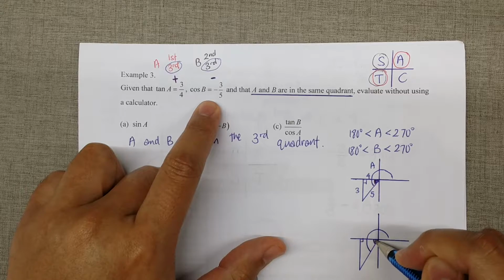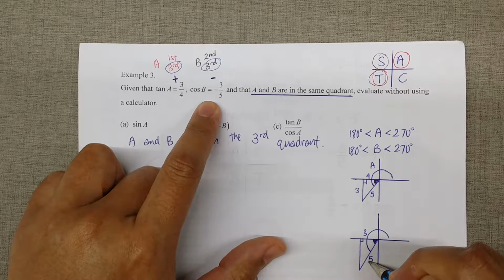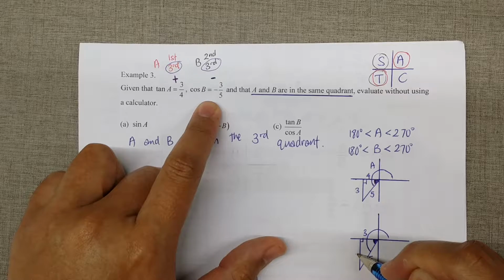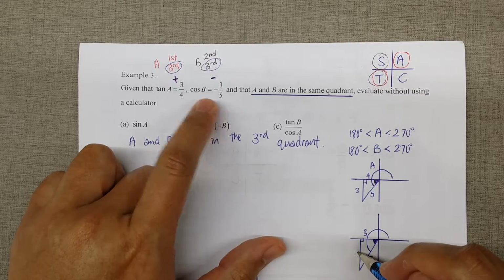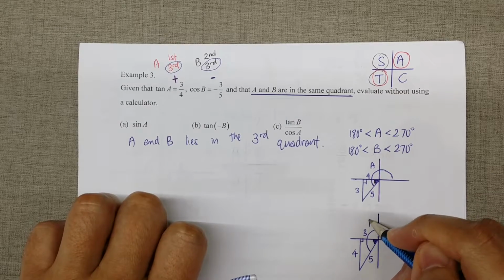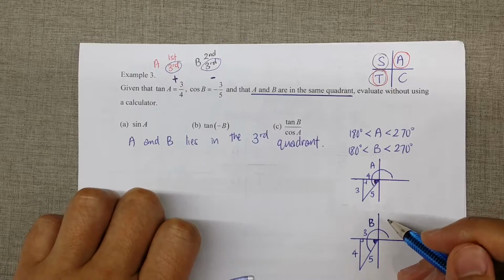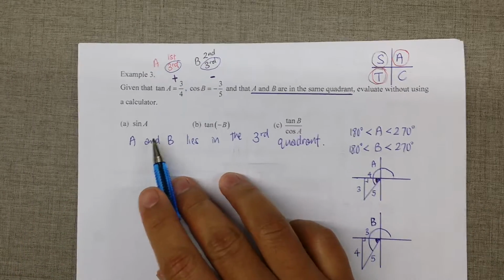This is the basic angle, the reference angle. This is opposite, so adjacent must be here. This must be 3, this is 5. Make a guess, what is this? Pythagoras theorem will tell you that this is 4. So with these two diagrams, one for A, one for B, I can try to solve questions A, B, and C.